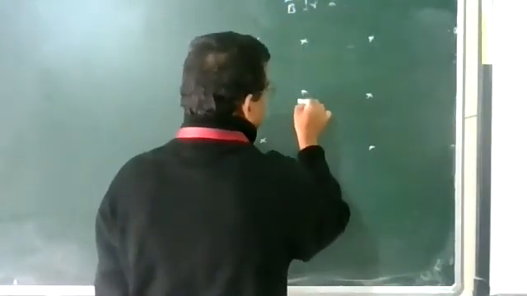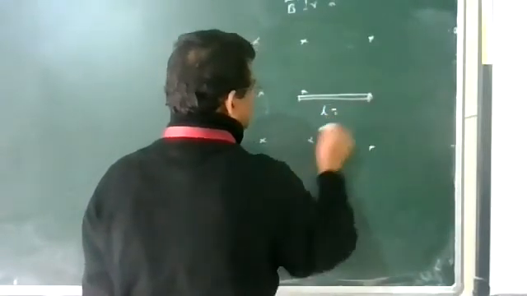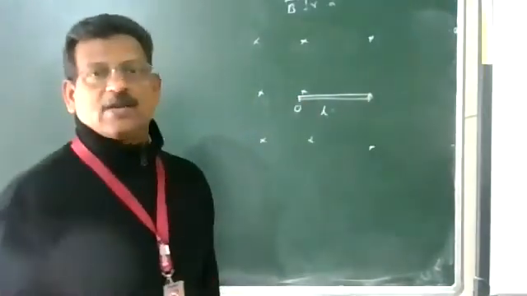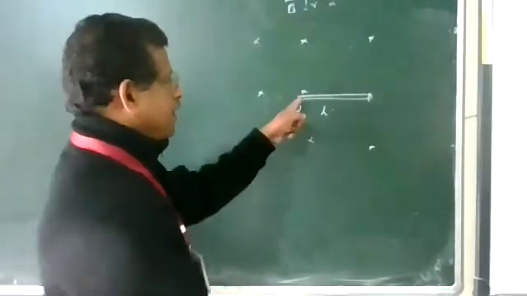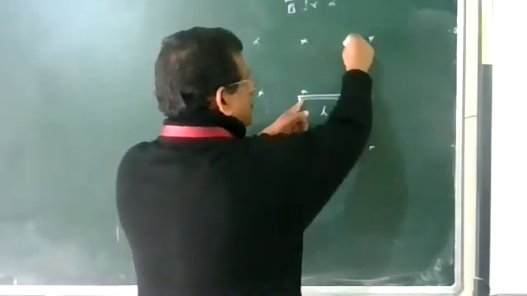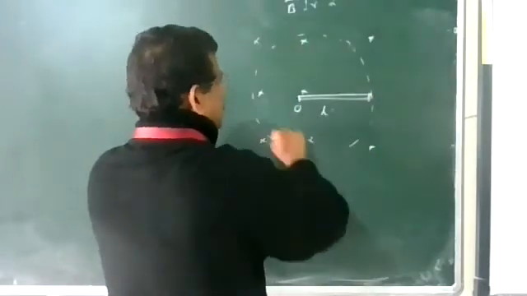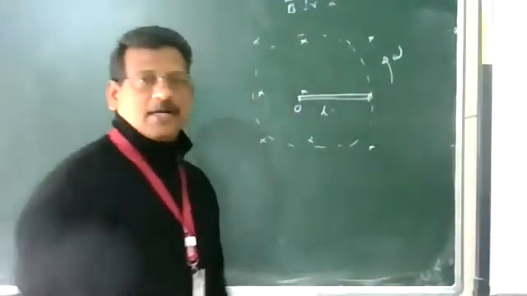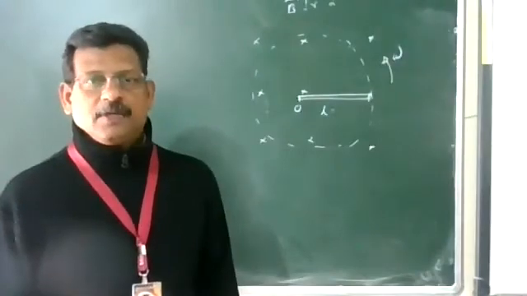Suppose you have a conductor of length L, and O is the point about which this conductor can rotate in the magnetic field. It goes around a circular path, rotating with a constant angular velocity omega.